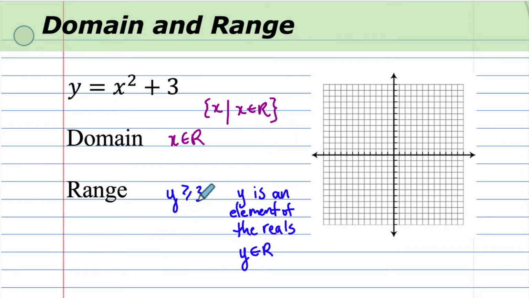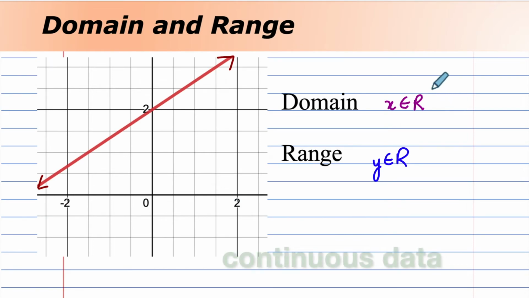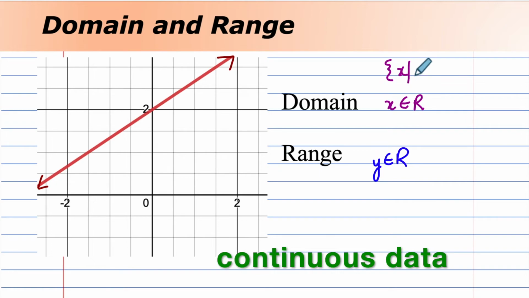Set notation for range would be squiggly bracket, y is such that y is bigger than or equal to 3, comma, y is an element of the reals. Set notation for domain would be squiggly brackets, x is such that x is an element of the reals.